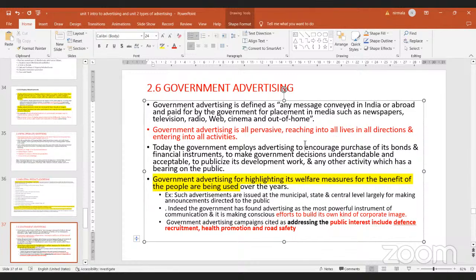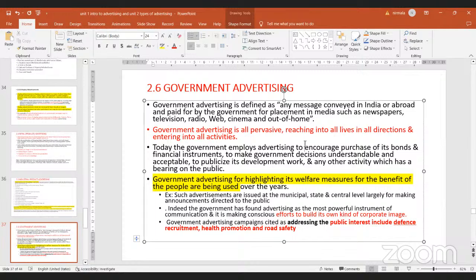The government also launches advertising campaigns to address specific issues which might affect the public, like going for social advertising, like promotion of health, recruitment, or road safety measures which are taken up by the government.